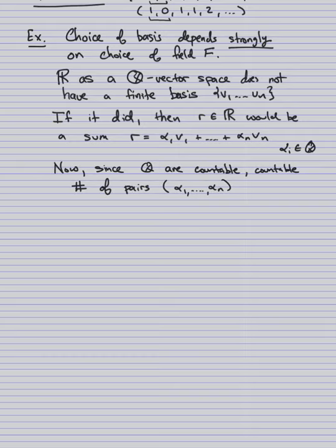Okay, so this is a finite Cartesian product of countable sets, so that's countable. Since it's a basis, these correspond bijectively to the real numbers, right, since it's a basis.